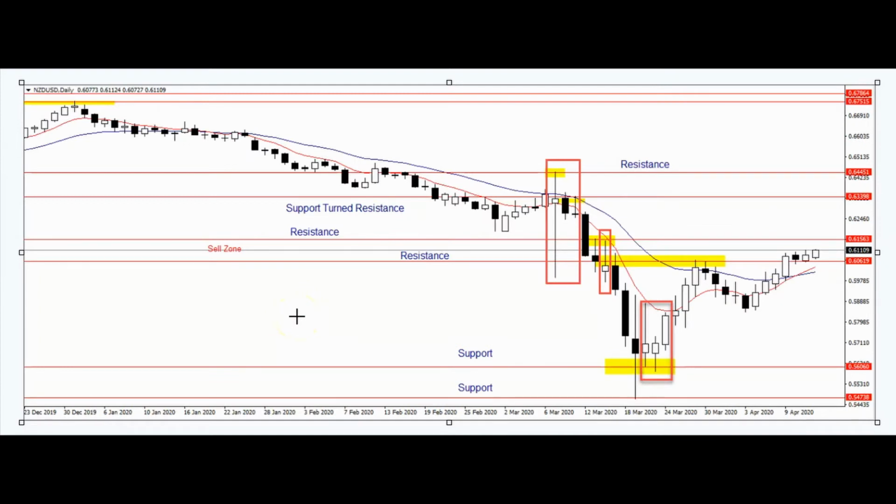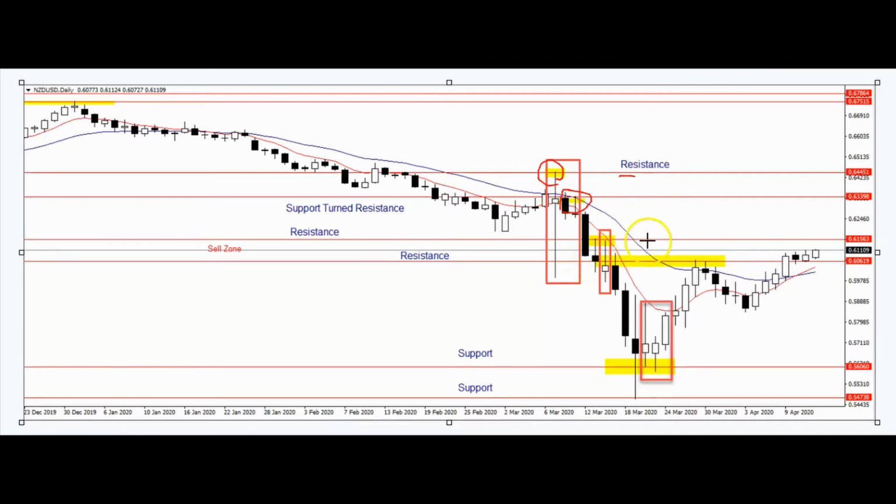Here we have the New Zealand US dollar, and like its counterpart, the Australian dollar US dollar, very similar structure, very bearish bias on this pair as well. As you can see, we have resistance here at 64450. We have resistance here at 633.98 or thereabouts.